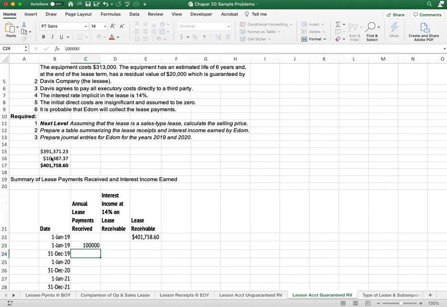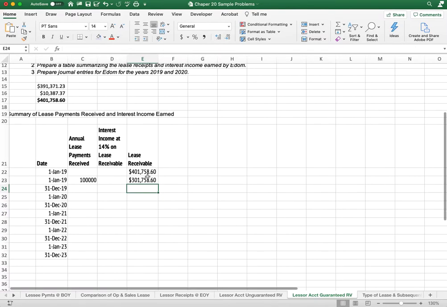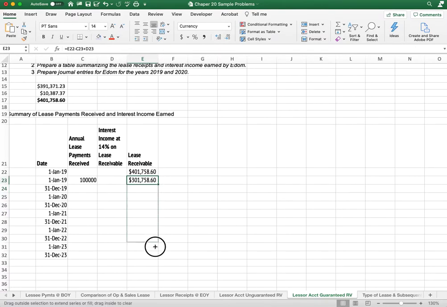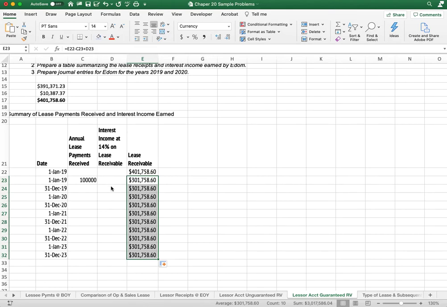We're going to have payments of $100,000, and we'll do the same thing where we set our previous lease receivable minus payments plus the interest income, and then carry that down. It'll update as we calculate each interest income and lease payment received.